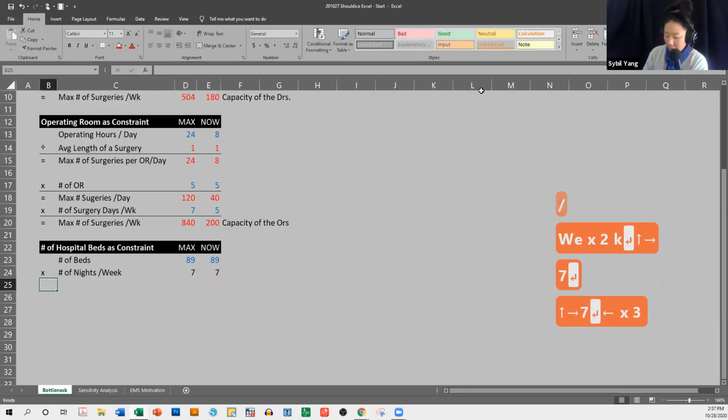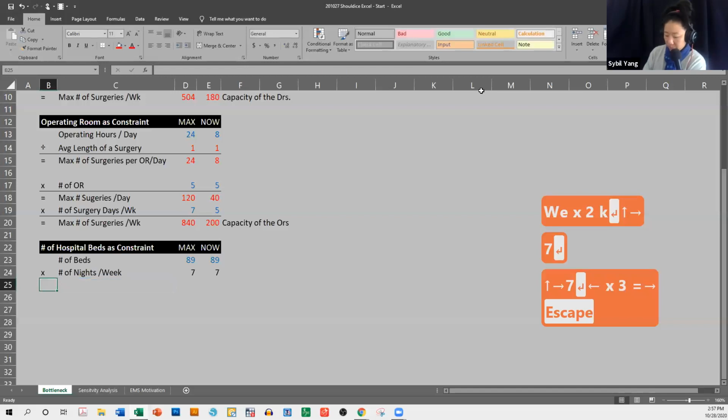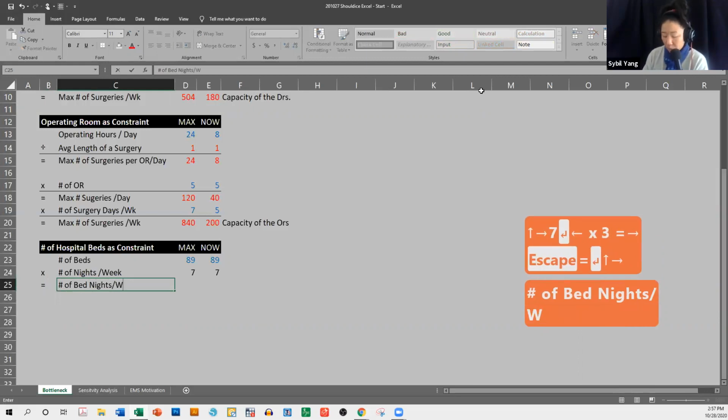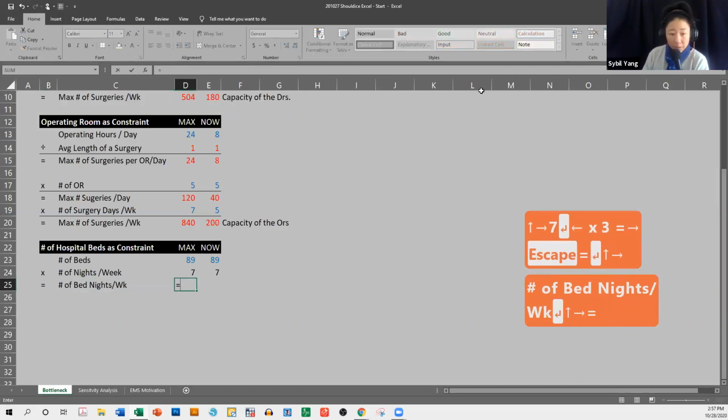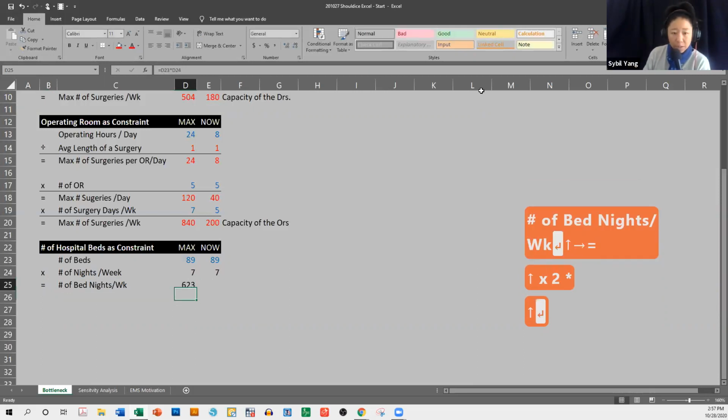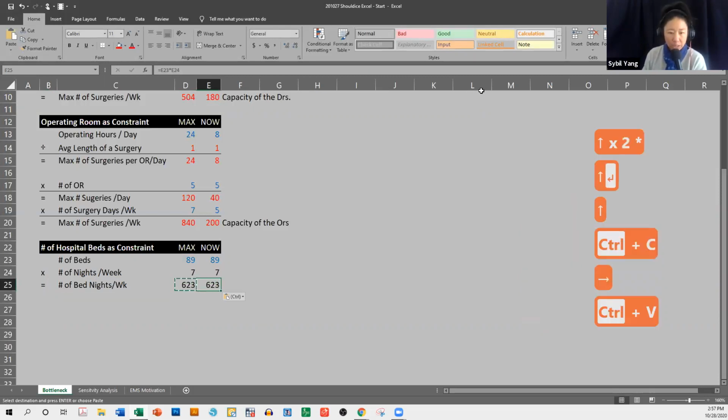That equals the number of bed nights per week. So that's 89 beds times 7 nights a week equals 623 bed nights per week.